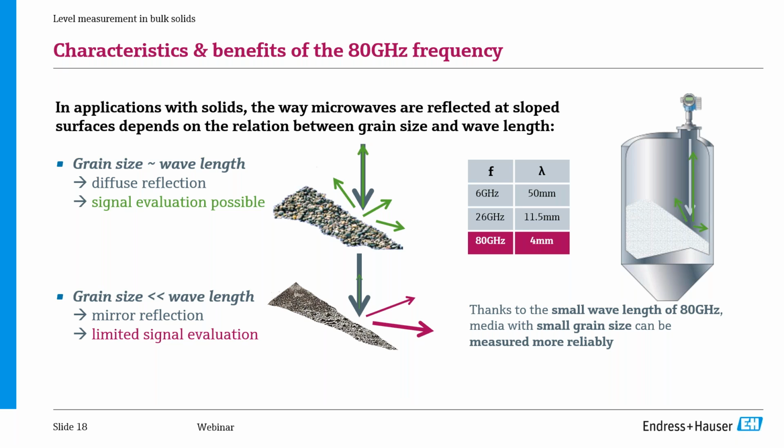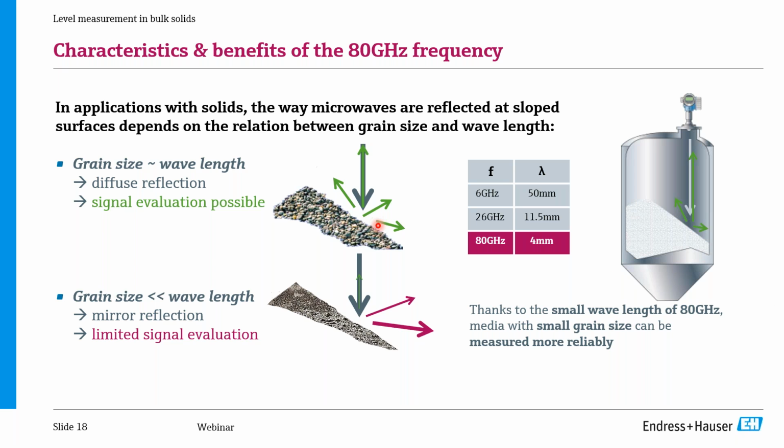So if the grain size is in the same range as the wavelength, we can observe what we call a diffuse reflection. So the signal is spread, but we have a very good return signal to the device. So we are able to measure it in a very effective and reliable way.